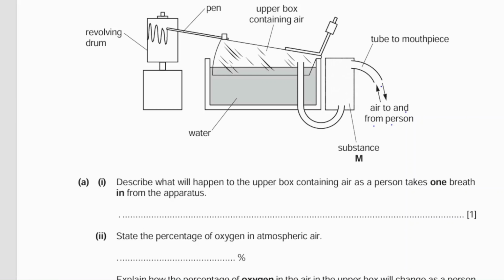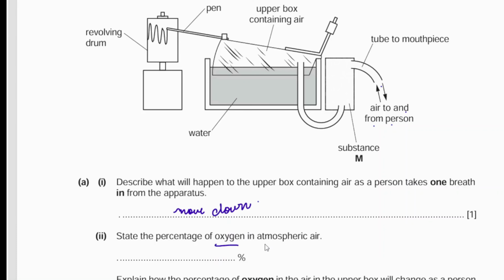Will this box move up or down? Consider this as your lung. Move down. What is the percentage of oxygen in atmospheric air? 21. Finally, your answer is correct.